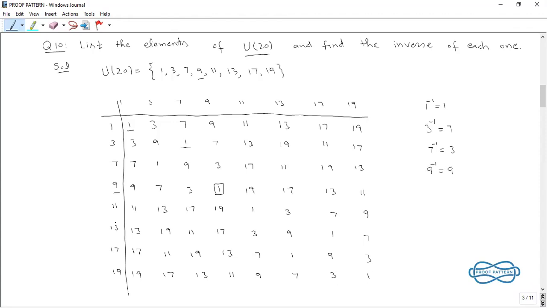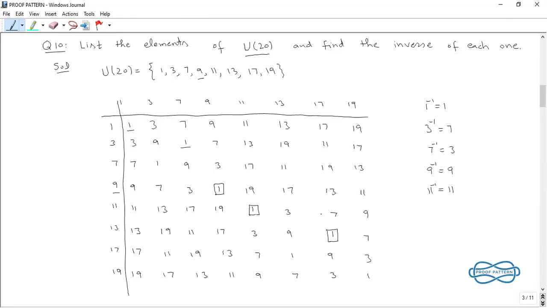For 11, whenever we multiply 11 with 11, we get the identity element. So the inverse of 11 is 11 itself. Now for 13, we get 1 here whenever we multiply 13 with 17.